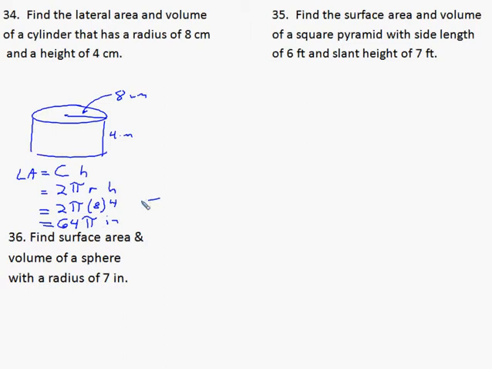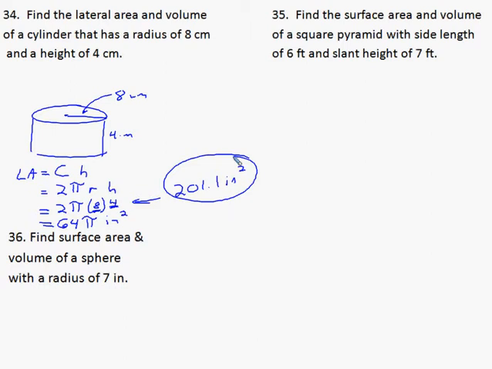Or you could just type this all in your calculator, and if you multiply that out, you get 201.1. And I'm sorry, I wrote this wrong. I put inches down here. This is inches squared because your 8 was inches and your 4 was inches, so inches times inches is inches squared. So that is the lateral area.